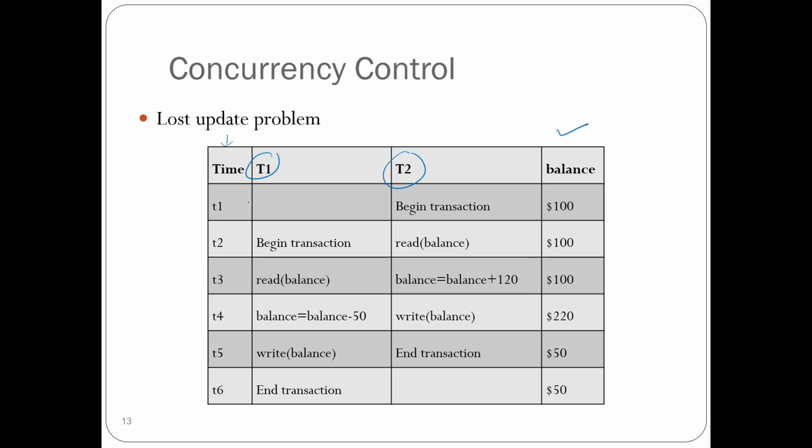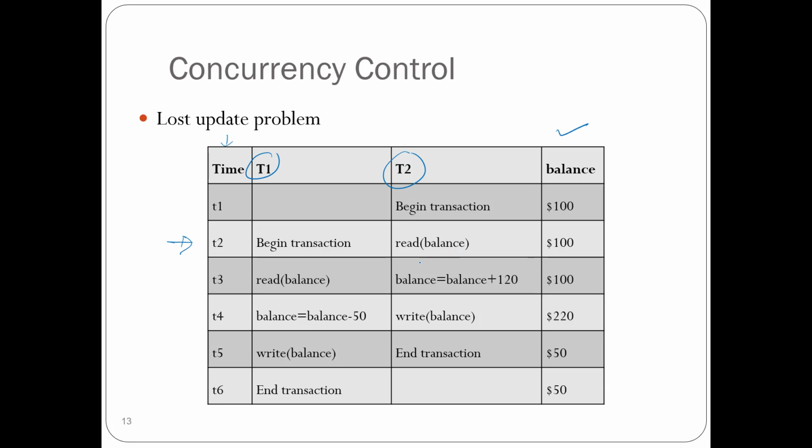These are different timestamps, and then there are the transactions T1 and T2. They are concurrent. How come? Look at time T2. At timestamp T2, both the transactions are happening. Transaction T1 just began, so at T2 we say begin transaction, whereas transaction T2 is already in the second phase, which is reading the data.